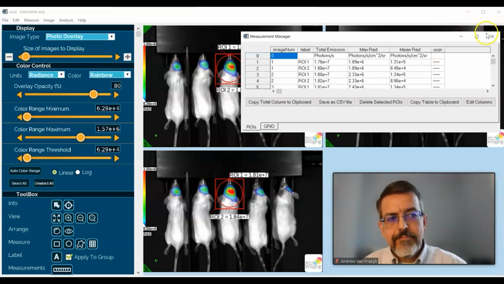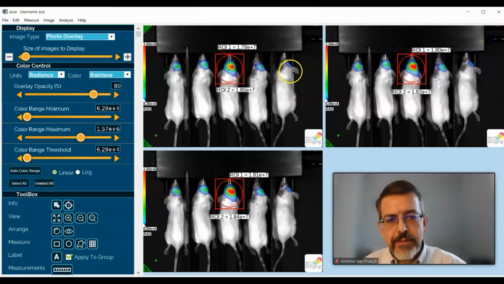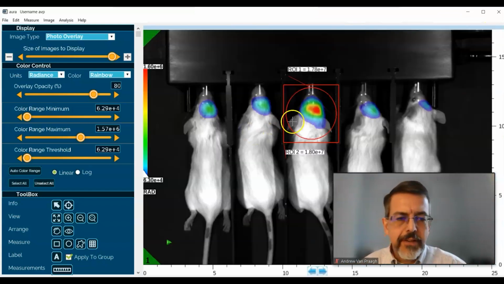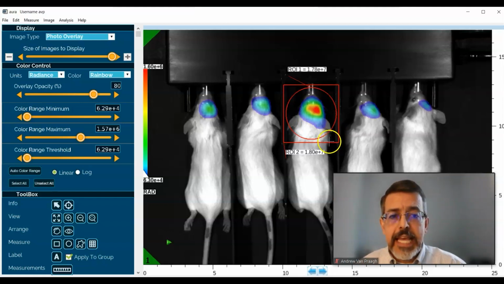So, what is causing this shift in value? Let's take a closer look at these two different ROIs. What you can see is that the circular ROI fits within the square ROI, and both are, of course, measuring the signal. However, there are more background pixels in the larger ROI 2 than there are in ROI 1.